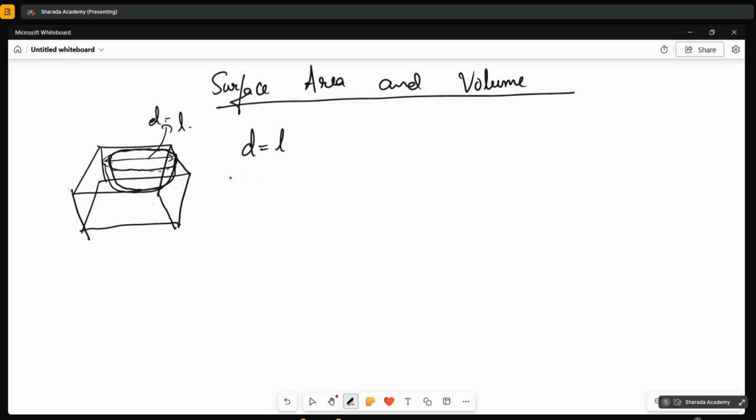So what is the total surface area of this solid when you remove that portion? Calculate. CSA of cube and then CSA of hemisphere minus area of circle. Write down. I'll come and check the surface area of the solid.